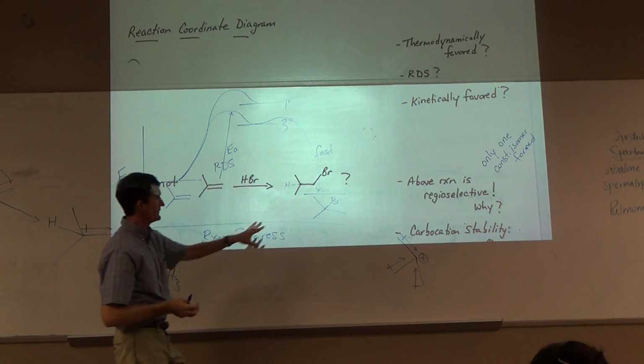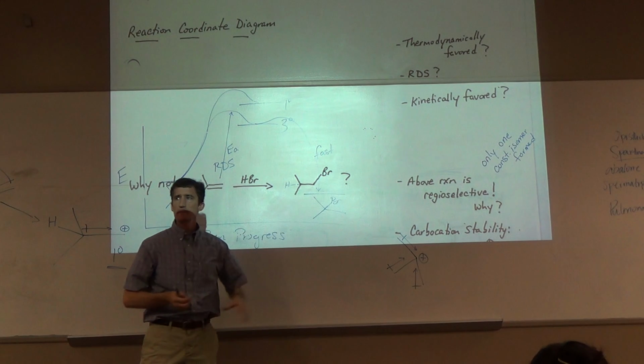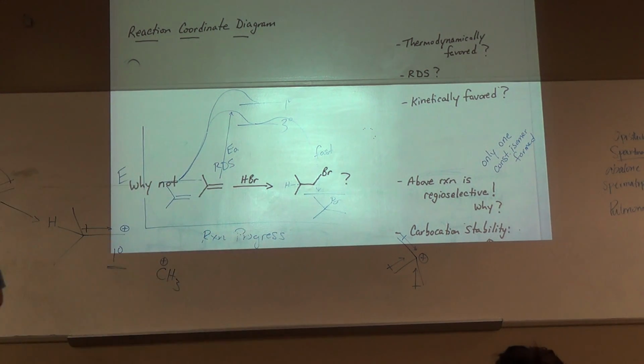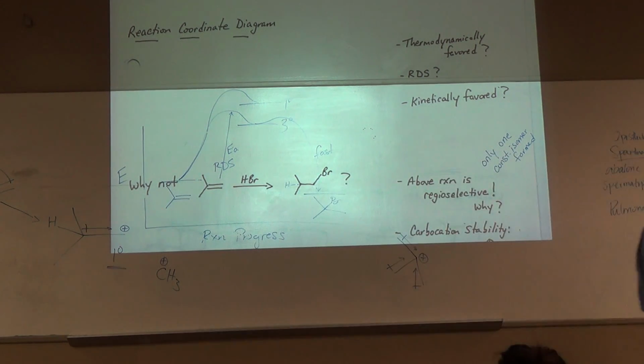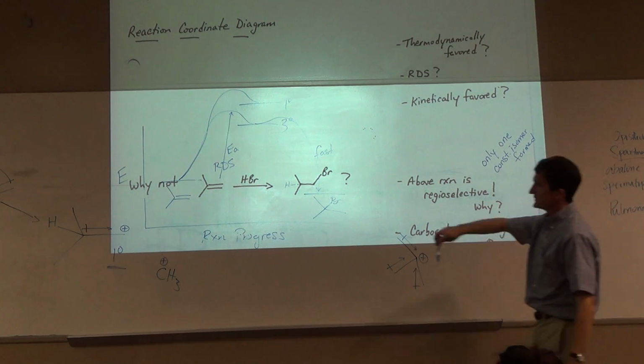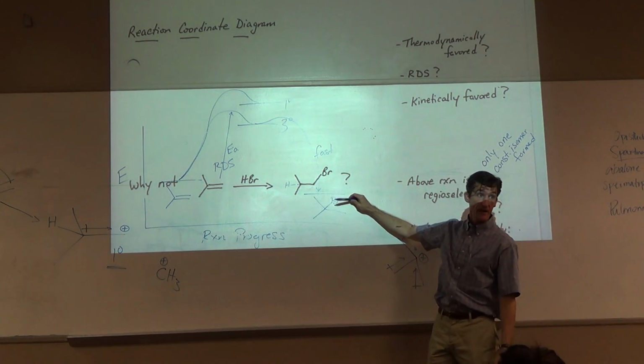This may be formed in a very small yield, maybe 5%. But it's still regioselective because it's not 50-50. It favors one constitutional isomer over another. In the context of these reactions, these two are called regioisomers.